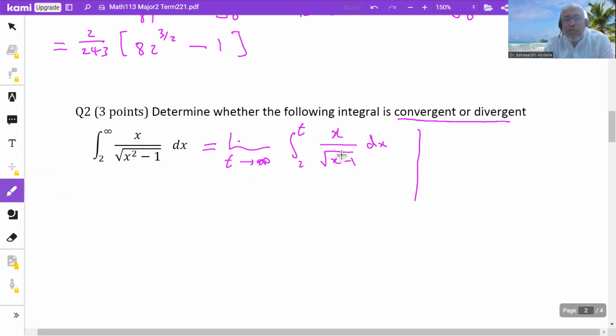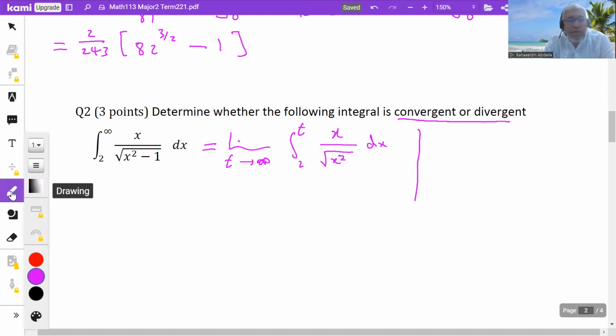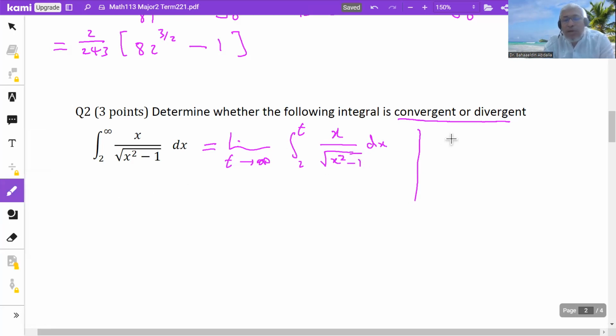Let me write it carefully. Let me try to find here the integral of x over the square root of x squared minus 1. Well, the derivative of x squared minus 1 is 2x. So I need 2 here, and I will multiply by half outside.